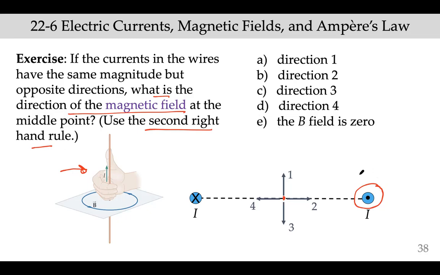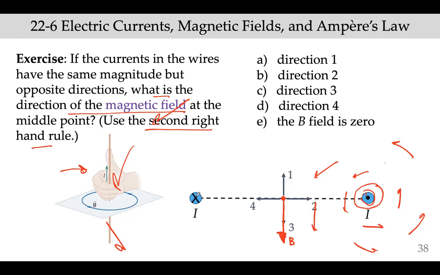And if you do that, you will find that the magnetic field lines will be in this direction. So at every point around this, even this wire will create magnetic field lines here like these. But what's asked about is the middle point. So at this point, the magnetic field that's created by this wire here will be in the down direction.